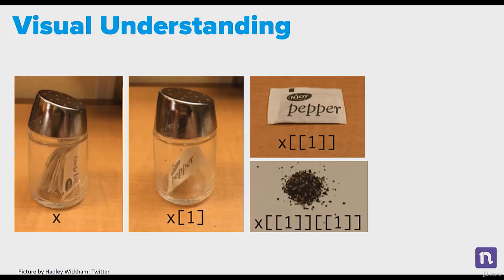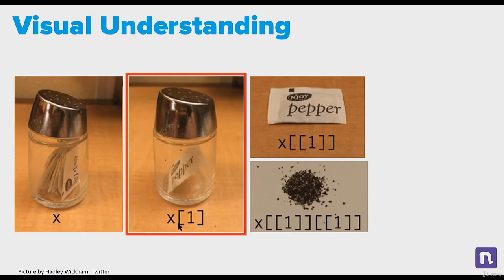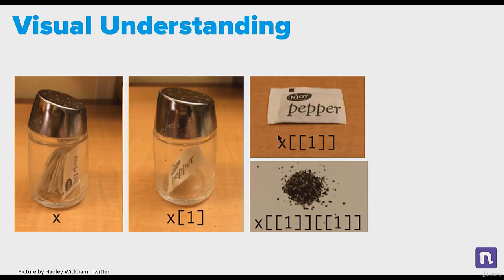This is a nice schematic of how to access various items in a list created by Hadley Wickham. Imagine the list that we created, M, as this pepper bottle. If you extract one single pepper using the square brackets, it is still a list. And now by adding extra brackets, you go to the vector level and from within that you can still access the various individual items after extracting that particular vector.